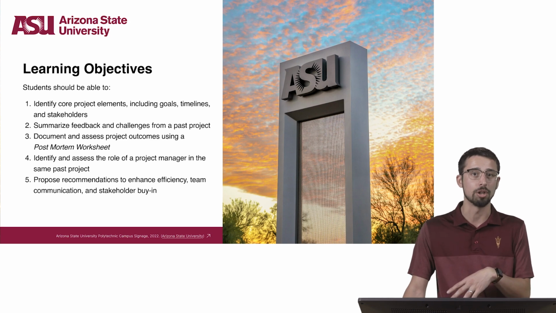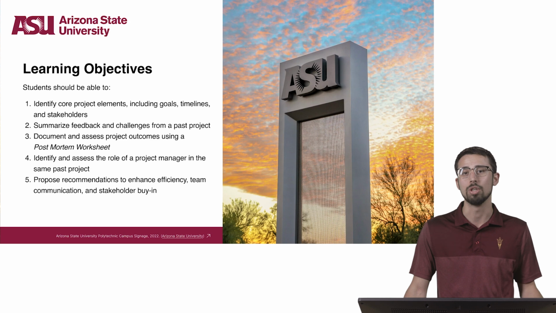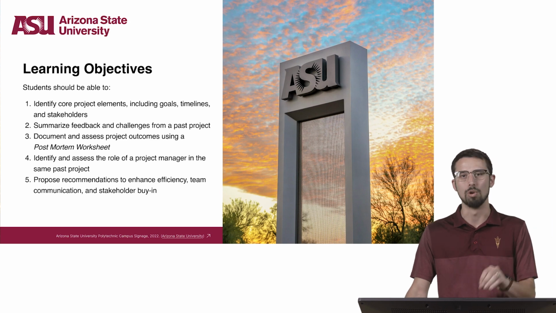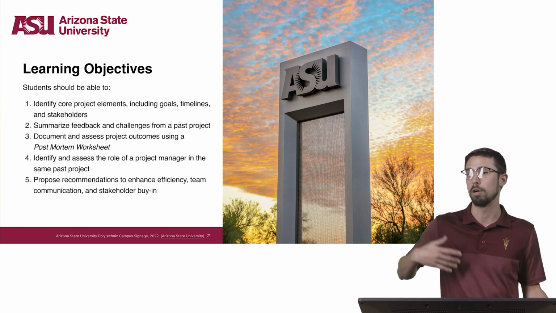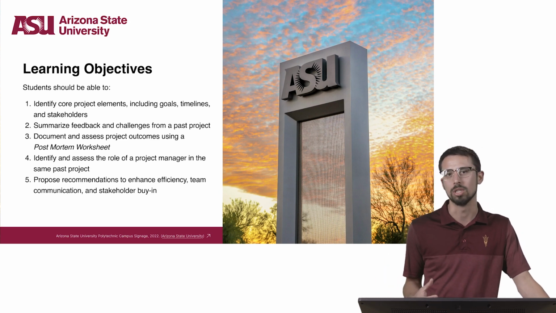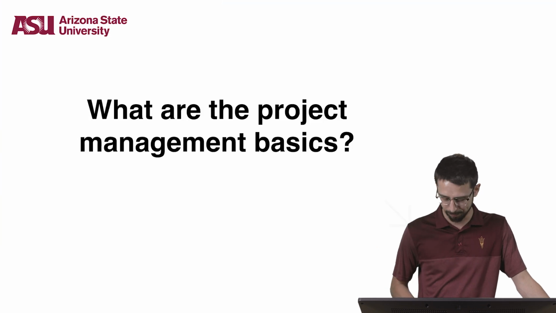That's going to be included in your lab after this lecture in Canvas, so you should be sure to follow up with that. I also want to make sure that you are able to identify and assess the role of a project manager in that same past project, and maybe even propose some improvement recommendations to enhance project efficiency, team collaboration, and maybe even some stakeholder buy-in.